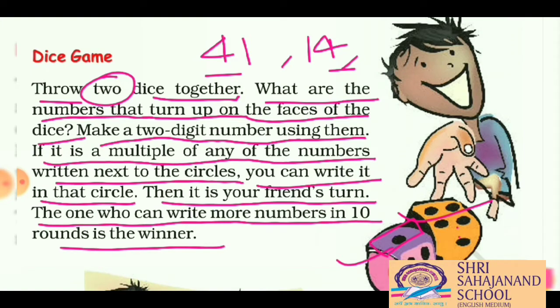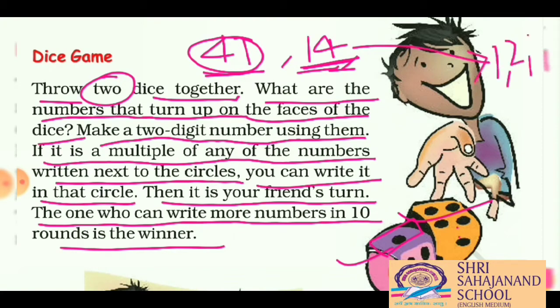With writing the multiples. As we have taken the first example and we got two numbers, first is 41 and second is 14. As you know, 41 has no multiple, means it is not a multiple of any other number, and 14, yes, it's a multiple of, you can write 1 first, then 2 and 7.